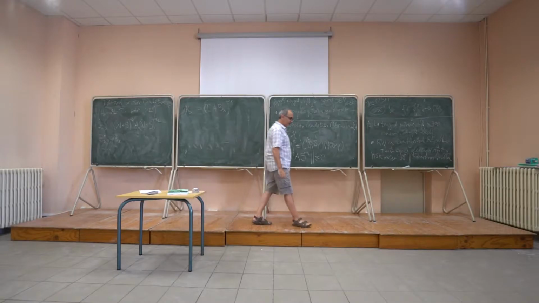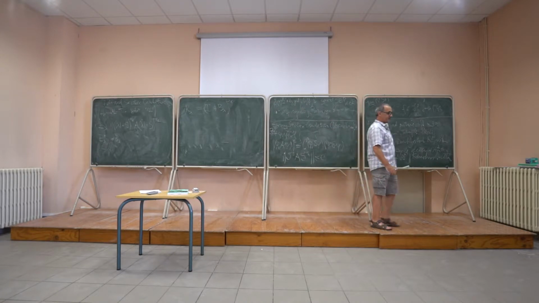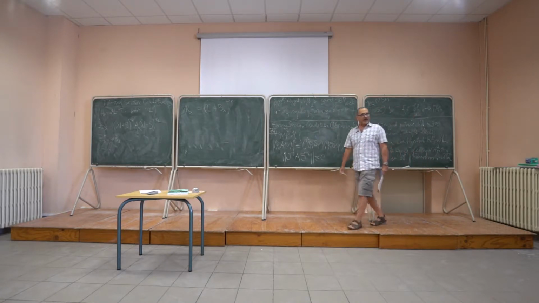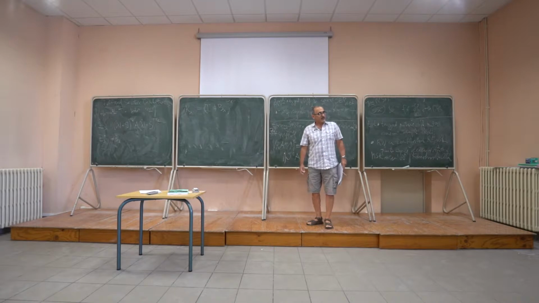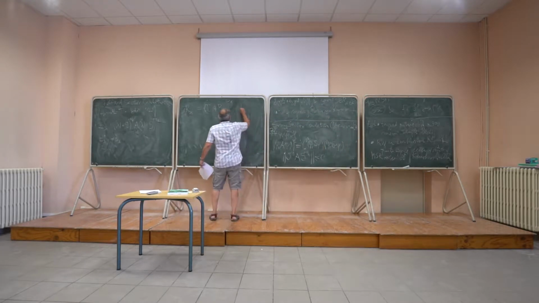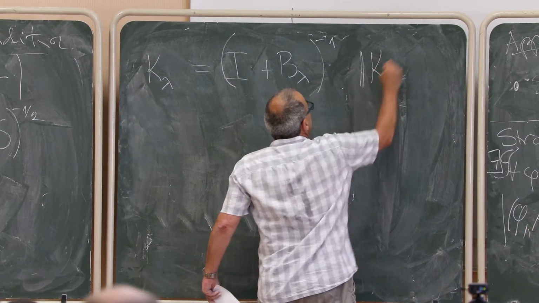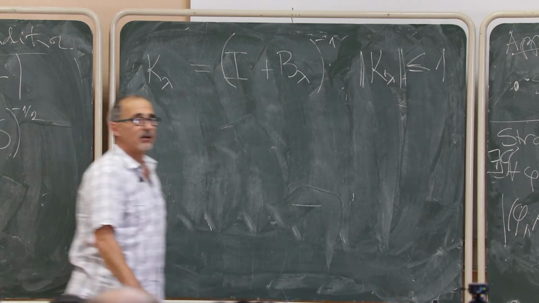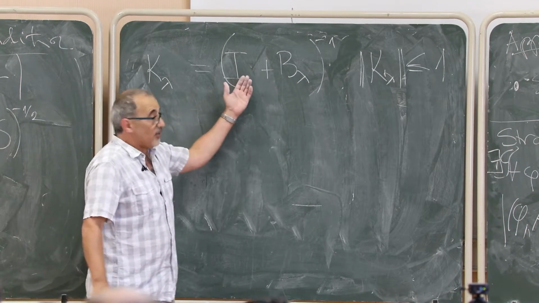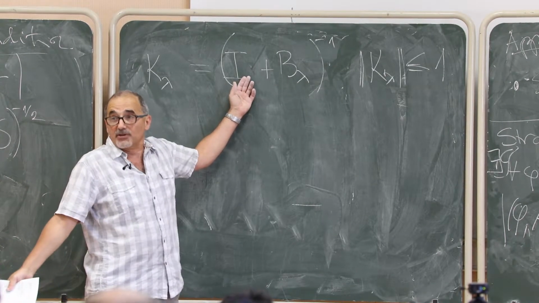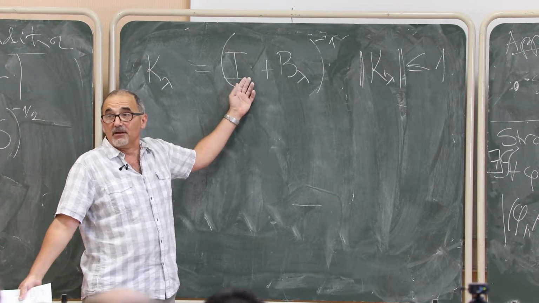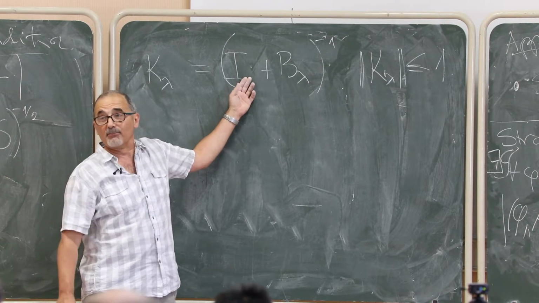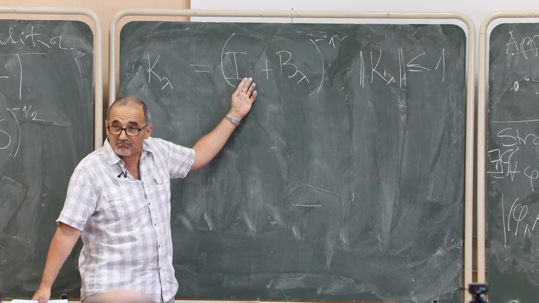Mind, B lambda is a skew self-adjoint operator, its spectrum is imaginary, so identity plus B lambda is invertible and the norm of K lambda is at most 1. Why? Because this is 1 over 1 plus an imaginary number, and the absolute value of 1 over 1 plus imaginary is less than 1.